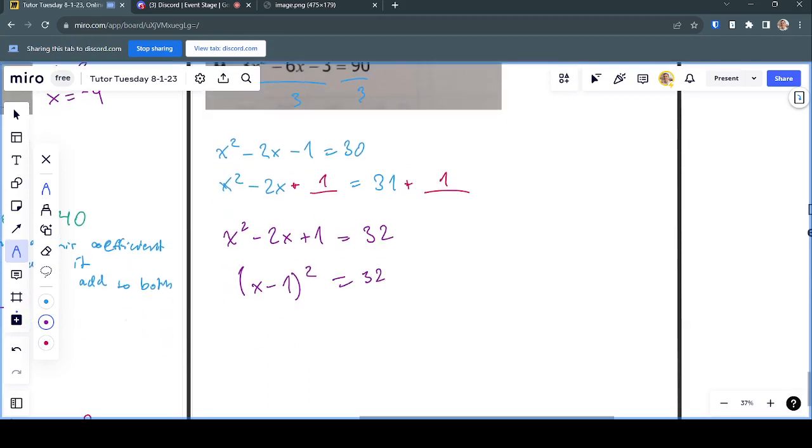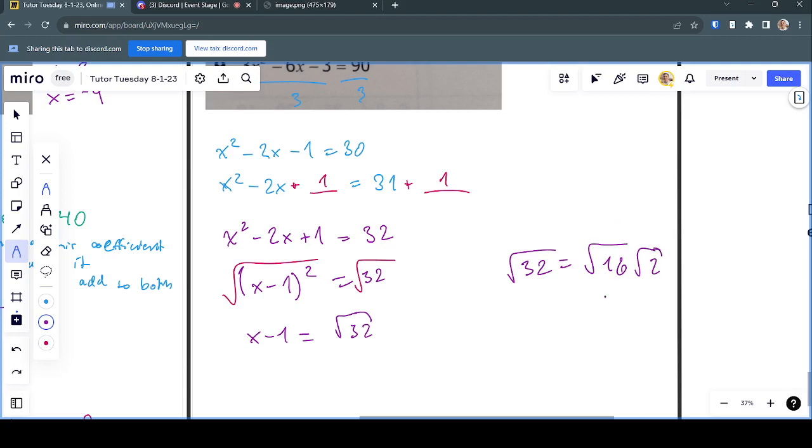So now when I take the square root, I will get x minus 1 is equal to square root of 32, which by the way can be simplified because we know that 32 is equal to 16 times 2, and the square root of 16 is just 4, so this becomes 4 root 2. x minus 1 equals 4 root 2.